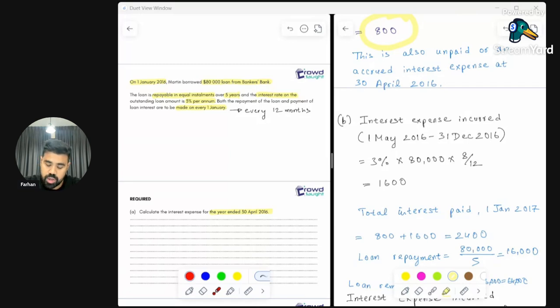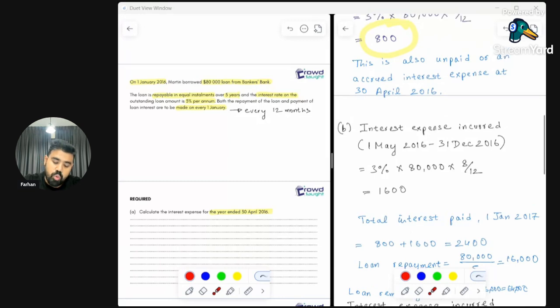So let's see what's going on. We know that we will make the loan payment on 1 Jan 2017. So that is why, to begin with, we first need to calculate the interest expense from 1 May 2016, which is the beginning of this new financial year, until the end of 31 December 2016.